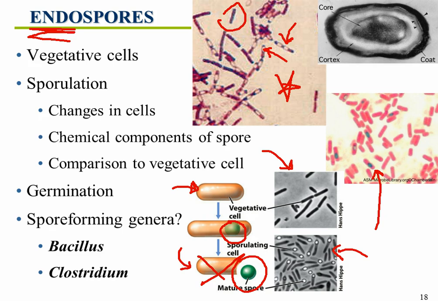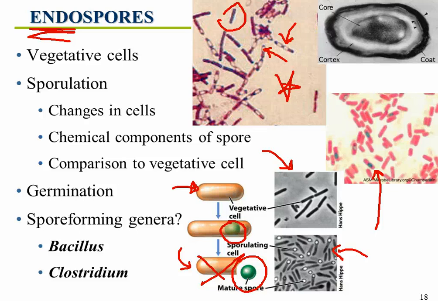Spores are extremely resistant to a variety of things. They're resistant to dye, resistant to heat, resistant to chemicals like antimicrobial chemicals and antibiotics. They are resistant to cold. They are resistant to radiation.